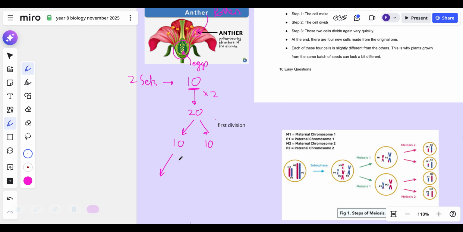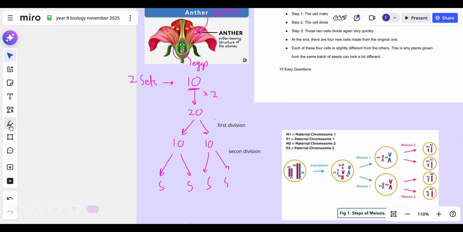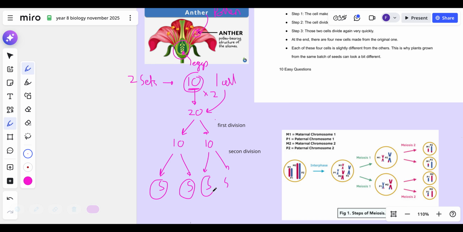So you're going to do a second division where you halve 10 to give you 5 and 5, and this will split and give you 5 and 5. And this is the second division. And if you look at it, we started with 1 cell. It doubled its chromosomes first, then did 2 divisions, and at the end, you end up with 4 cells.